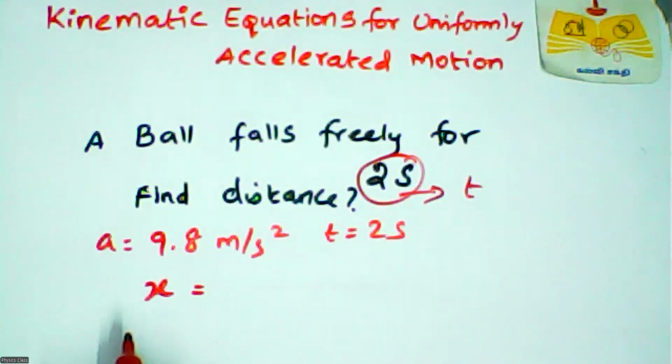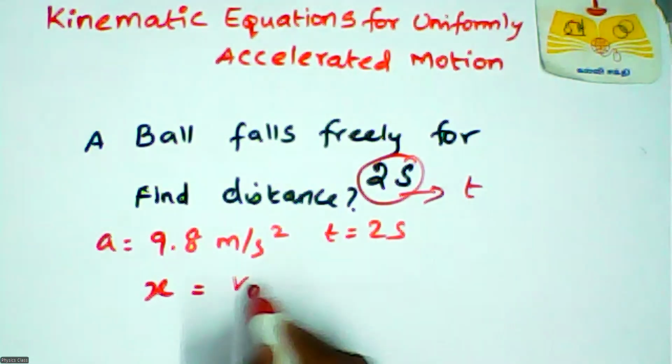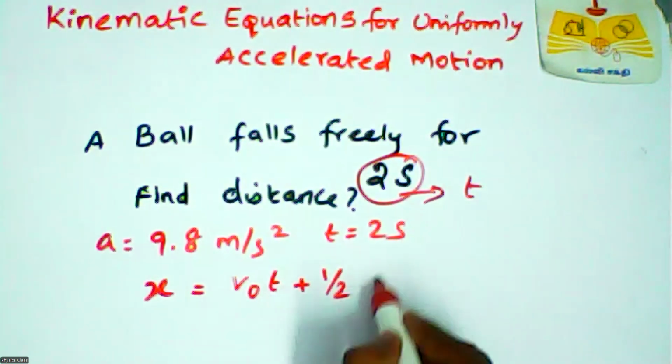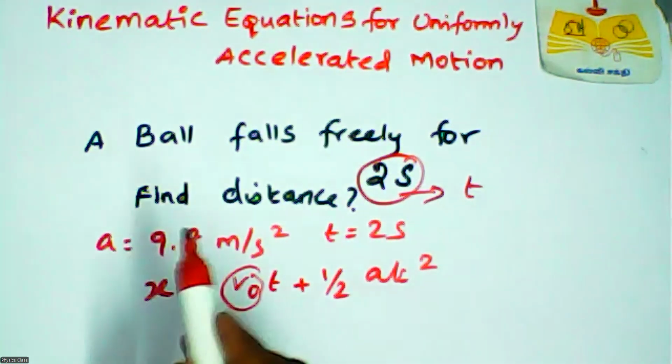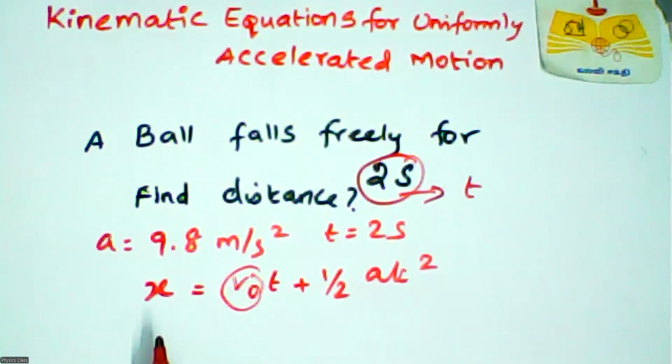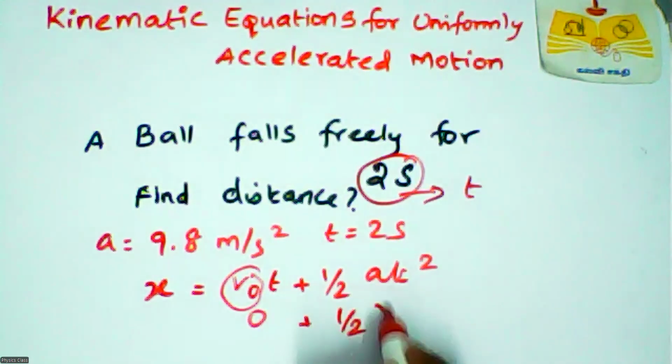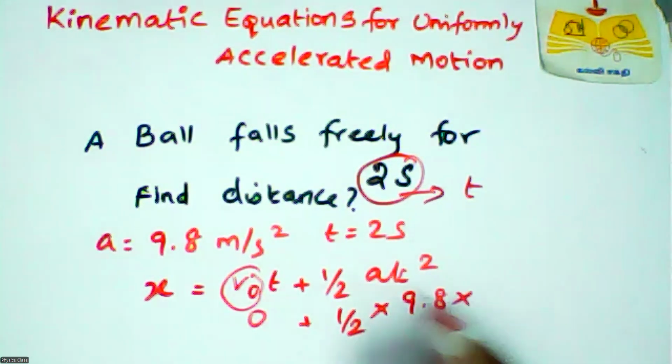Yes, x is equal to v naught t plus half a t square, which is the formula for displacement. Here v naught is the initial velocity. A ball falls freely means that object doesn't have an initial velocity, so we can put 0 here, and 0 times anything is 0. Now we put only half a t square, a is 9.8, t is 2 seconds.